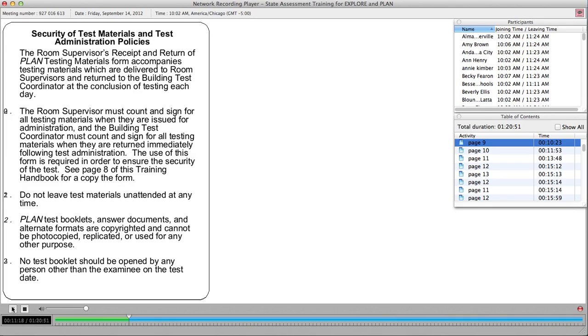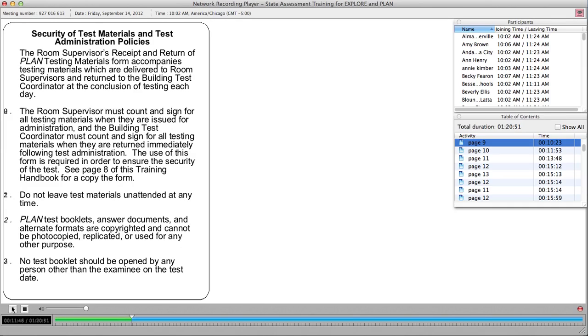Of course, you know, your test administrators, proctors, and ACT calls their test administrators room supervisors, so I will try to remember that as we go along. But no one should leave materials unattended at any time. And these test booklets, Plan as well as Explore, are copyrighted and cannot be photocopied, replicated, or used for any other purpose.